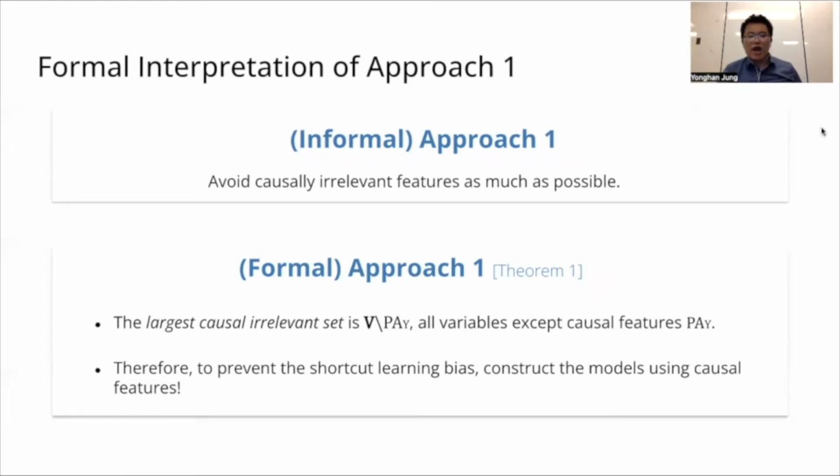Approach one says that we have to avoid the causally irrelevant set V minus PA(Y), meaning we have to use the causal features PA(Y) to construct a model to prevent shortcut learning bias. Let me repeat: we have to avoid the largest causally irrelevant set, V minus PA(Y). That means we have to use the causal features PA(Y) to prevent shortcut learning bias.